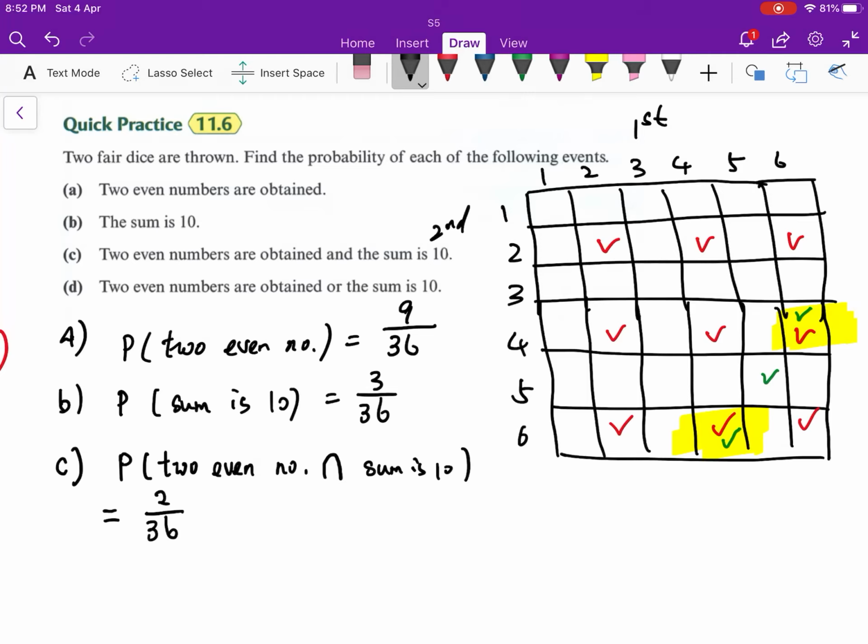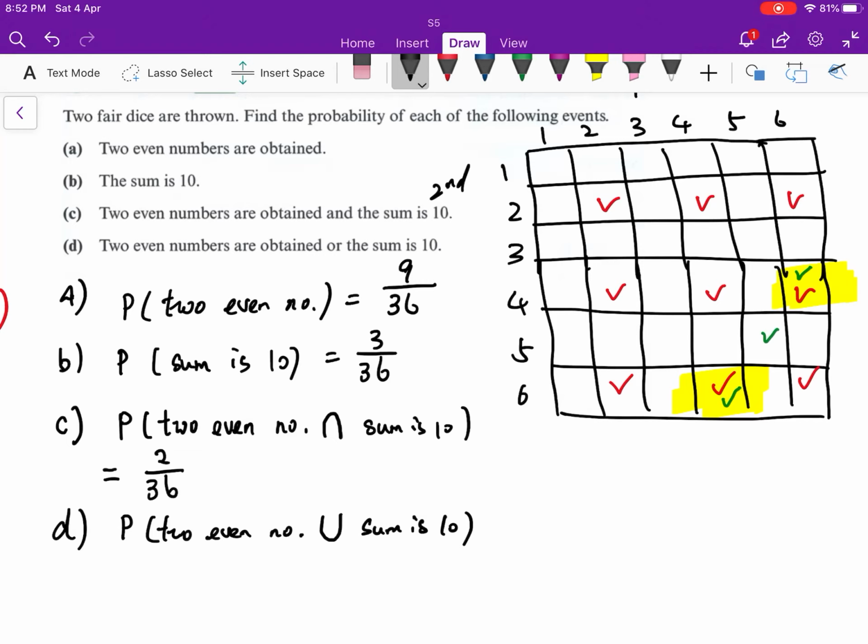Now we go to the last one, D part. D part is talking about the probability of two even numbers, or, union, the sum is 10. Remember, because some outcomes happen at the same time, this is a non-mutually exclusive case. So how do we do non-mutually exclusive?